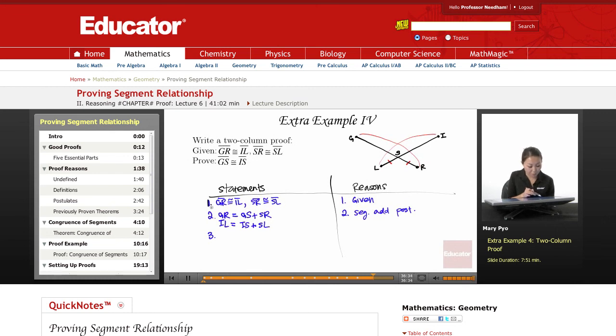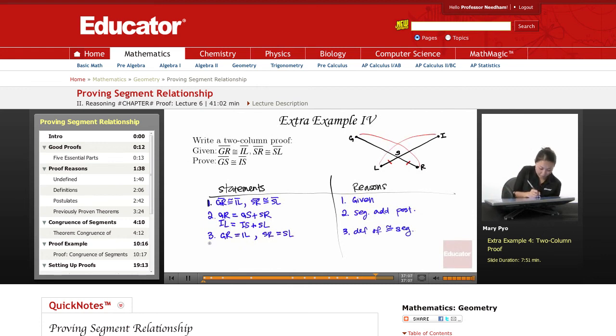I could have done that for step 2 and then for step 3 do the segment addition postulate, but as long as you do it before you use it, it's fine. So then my step 3, I'm going to write GR equals IL and SR equals SL. Since all I did was make it from congruent to equal, the reason is the definition of congruent segments.